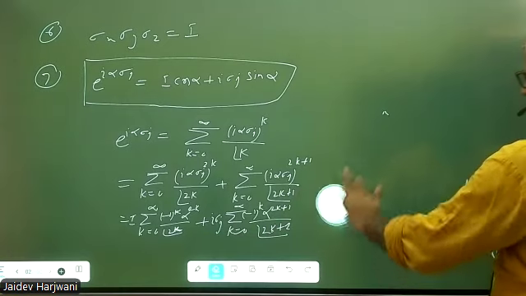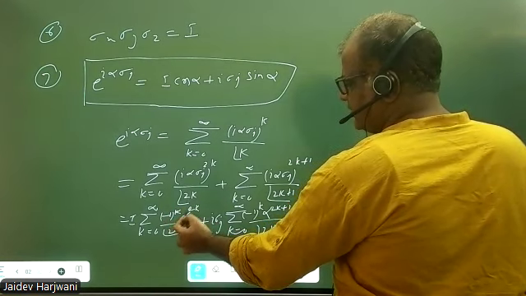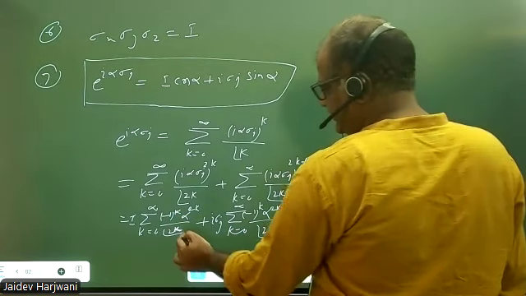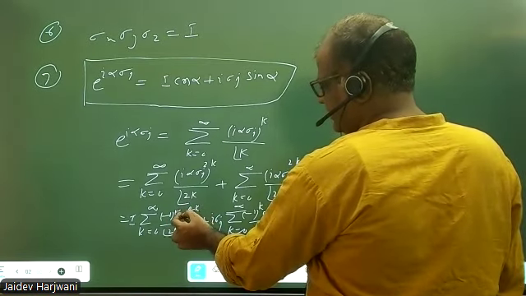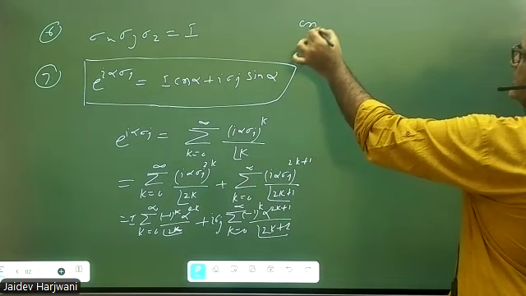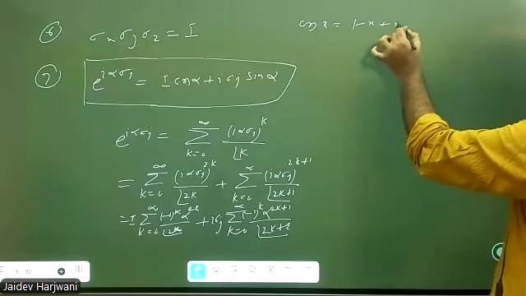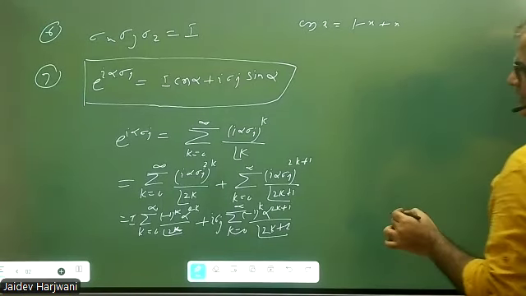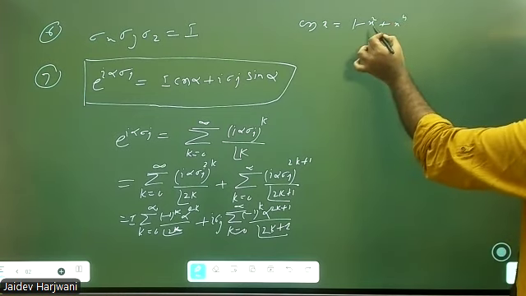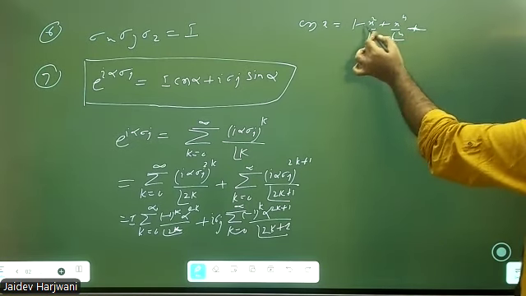Now we can solve it in one step. If you put k equals 0, you get 1. If you put 1, then this becomes 2, and this becomes squared, and this becomes minus. So this is basically the cos series. Okay, what is the cos series? Cos x is 1 minus x²/2! plus x⁴/4! minus x⁶/6!, alternating plus and minus.